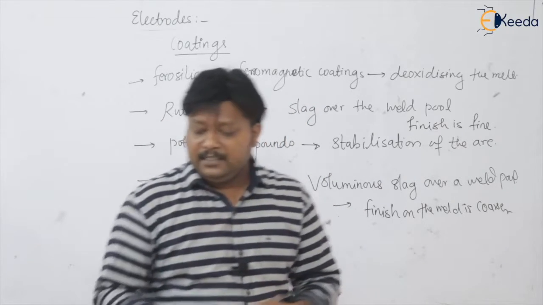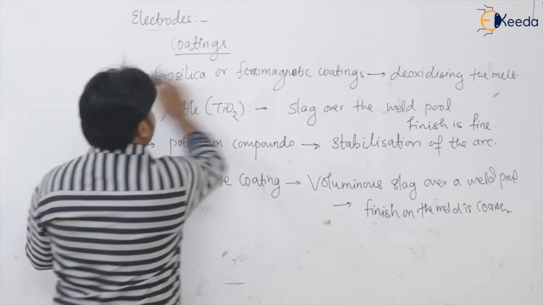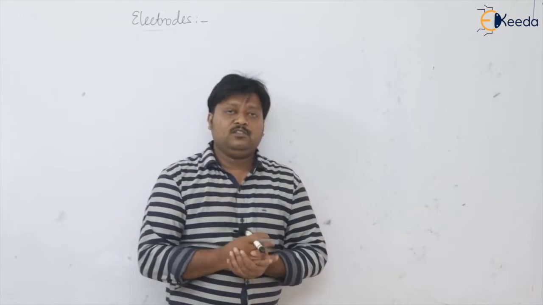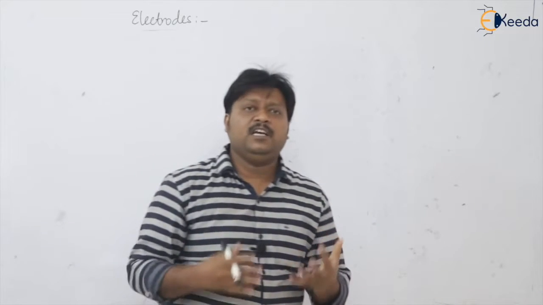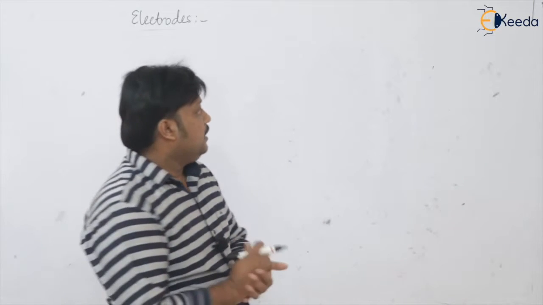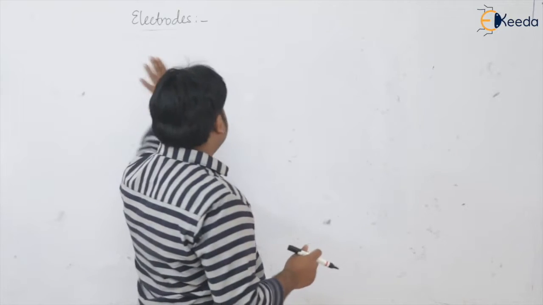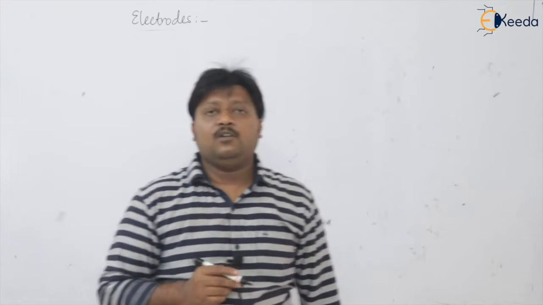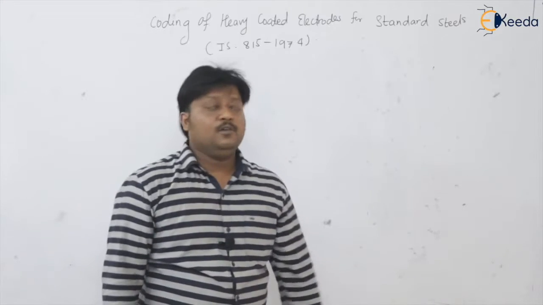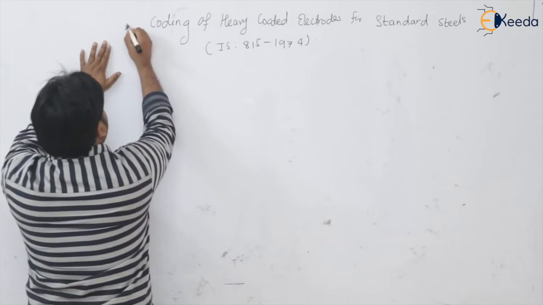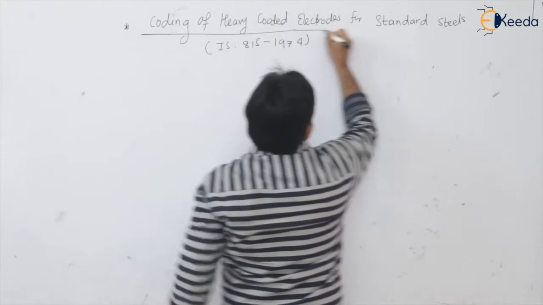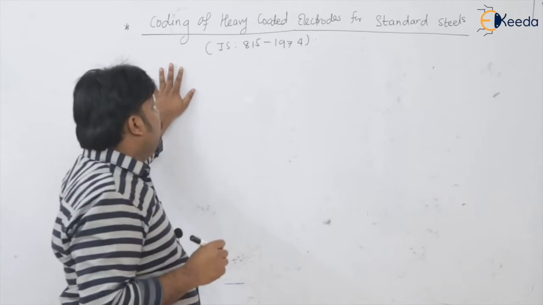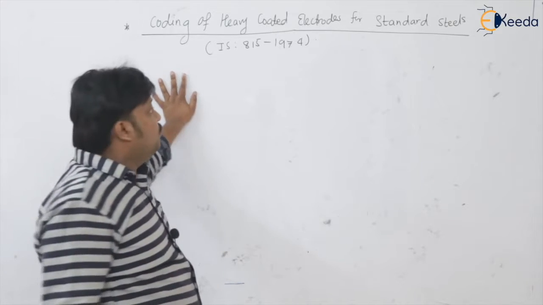Understood? Now again, if you move further, then there is a specification of the electrodes, how they are specifying or how they are coding. So here I am going to take one example, and from that example we can see the coding of the electrode. Here we are going to see the coding of a heavy coated electrode for standard steel according to Indian Standard 815-1974.